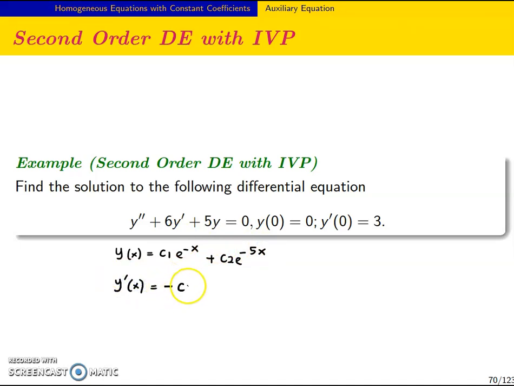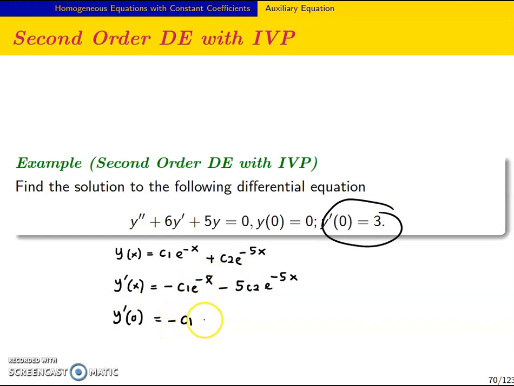You have y prime equals negative c1 e to the power negative x minus 5c2 e to the power negative 5x. Now putting in the second condition, y prime of 0 is 3, so I have negative c1 minus 5c2 equals 3. I'm going to multiply everything by negative, so I have c1 plus 5c2 equals negative 3. This is the second condition.